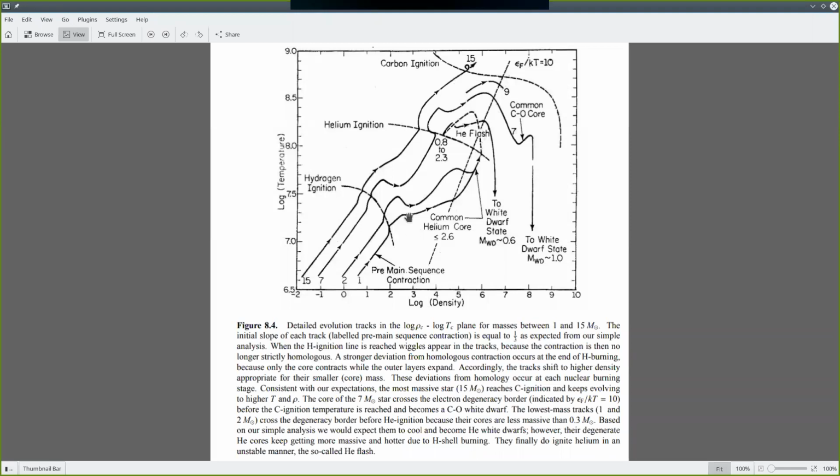So when we see that the star evolves, yes, the core for one solar mass will start to be degenerate, and so its contraction stops there.